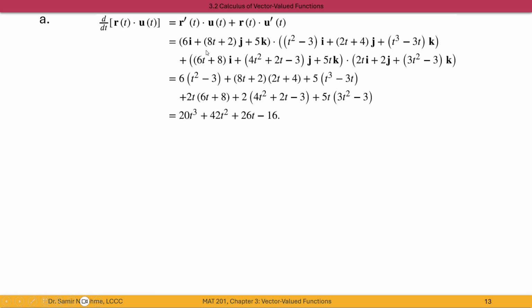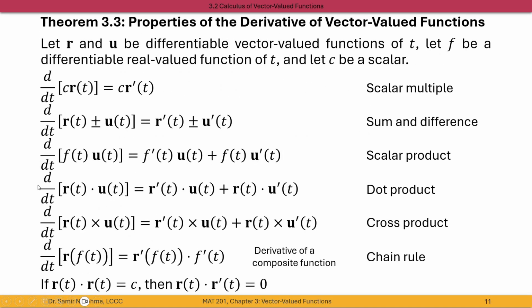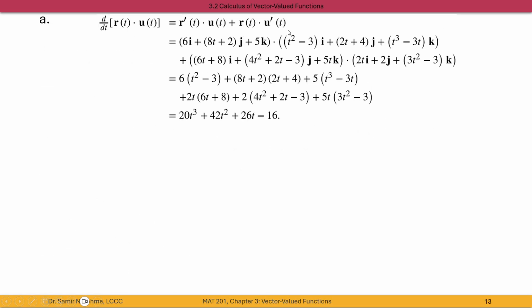Let's start with part A, the dot product. First of all, we have R and we have U. And according to the properties we started before, we're gonna use this one, the derivative of the dot product, which is u prime v plus v prime u. And we are gonna apply this formula over here.